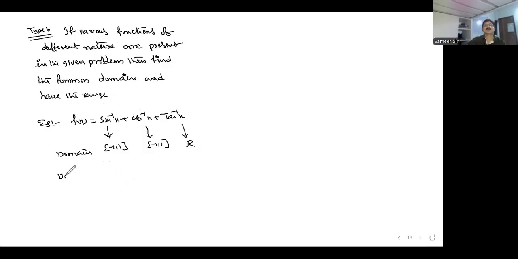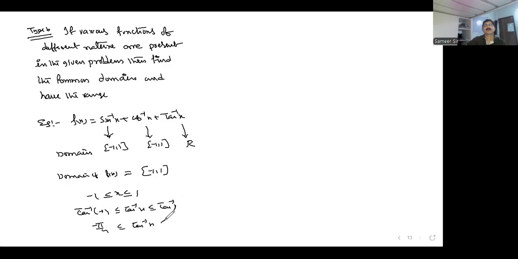Domain of f is -1 to 1. Now what I'm doing here? See, x lies between -1 to 1, so I'm applying tan inverse. So minus pi by 4, so pi by 4.